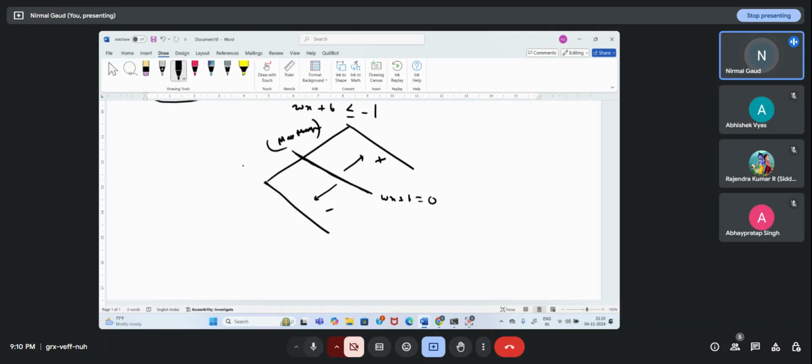From here the class boundary starts, and from here the class boundary starts. Here are the support vectors, so assign them as minus 1 and plus 1, positive class and negative class.